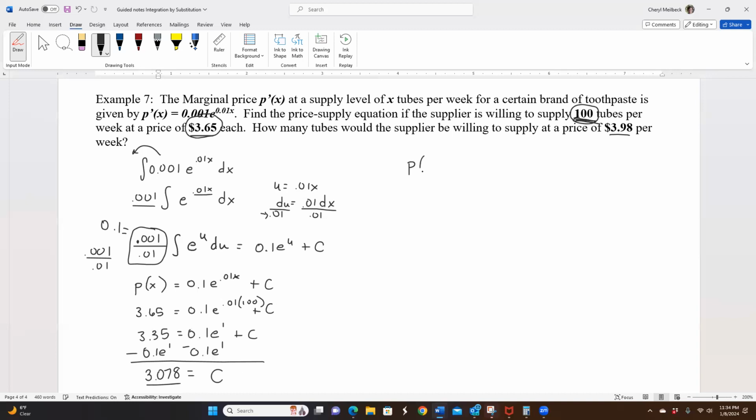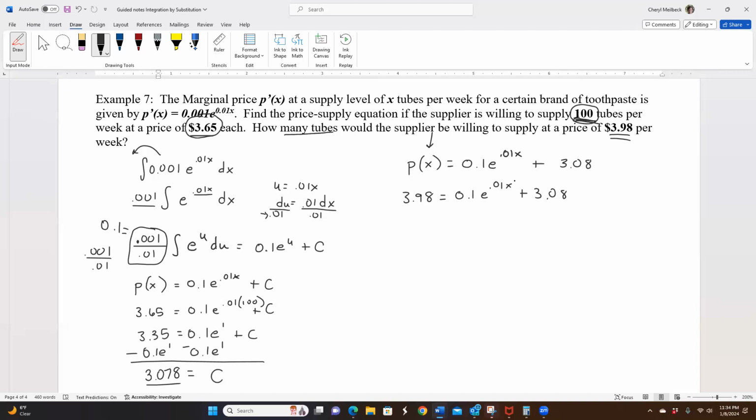So our price function becomes 0.1 e to the 0.01x plus c, which we found to be 3.08. Then it wants to find out how many tubes the supplier would be willing to supply at a price of $3.98. $3.98 is the price, and we'll put that into the left side of our function: 0.1 e to the 0.01x plus $3.08.